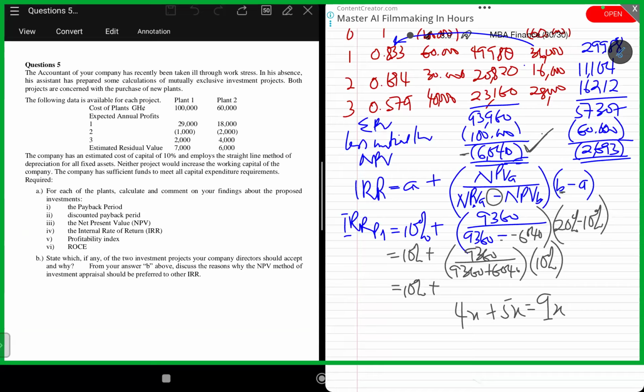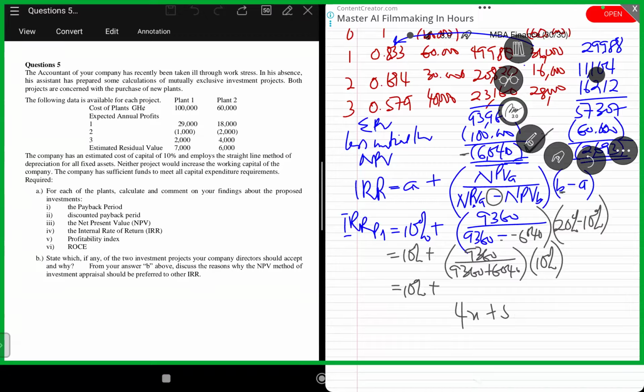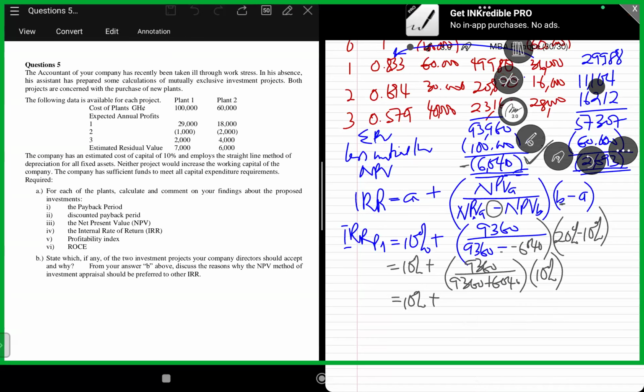So 20% minus 10%, just subtract the 10 from the 20. When you find your final answer, then you bring the percentage. So on your calculator, don't bring the percentage. Just subtract the coefficients. When you finish, you bring the percentage.